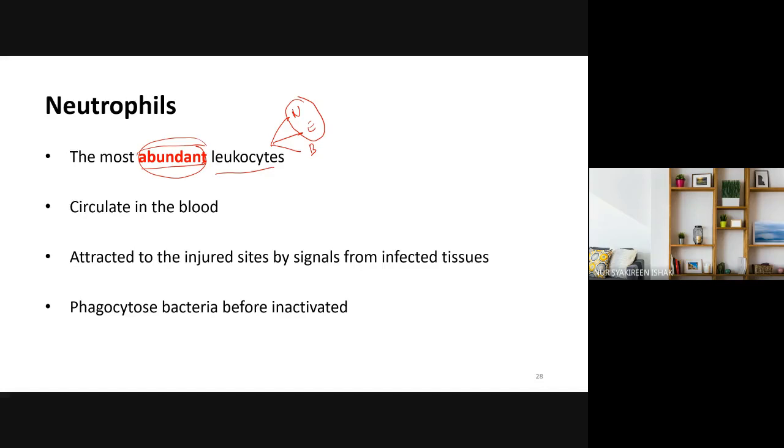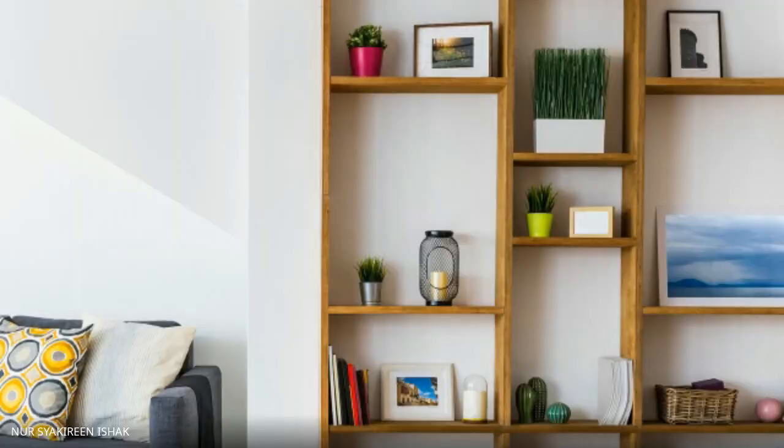If you take your blood sample, and another person who is sick takes his blood sample, and you observe these two samples under the microscope, you will find that the person that is sick, with a fever or whatever, will have a lot more neutrophils compared to the healthy person.